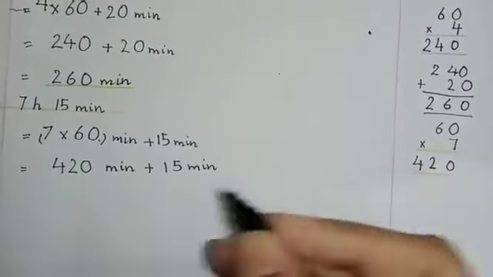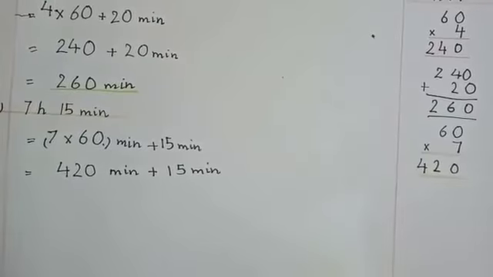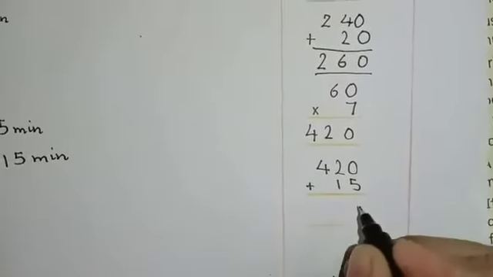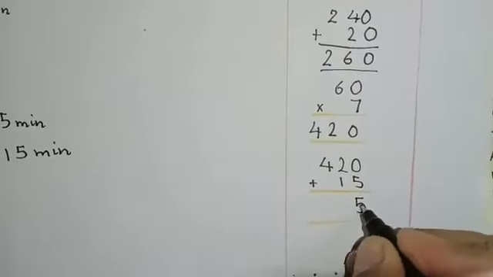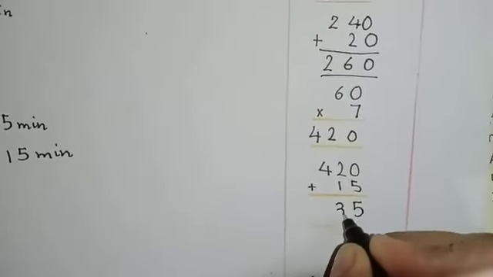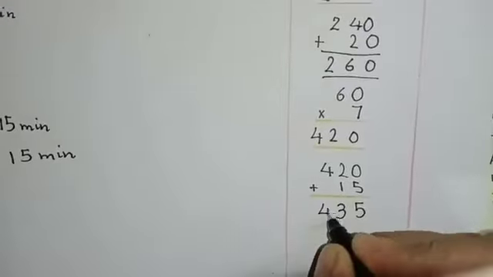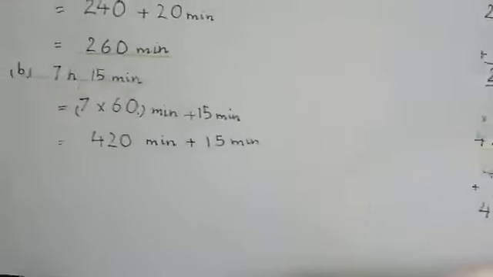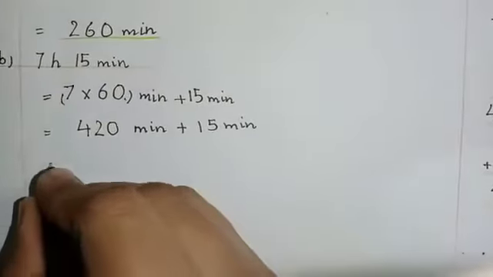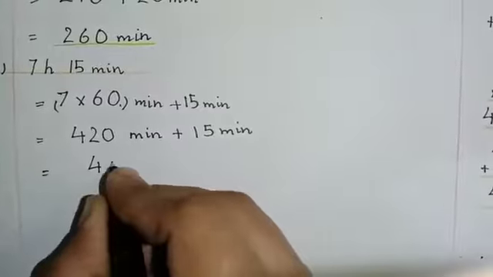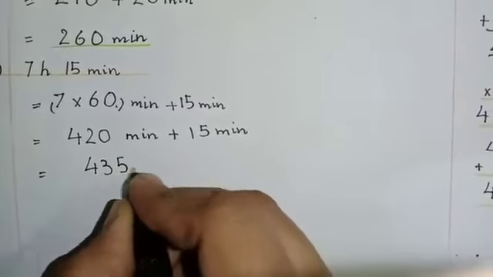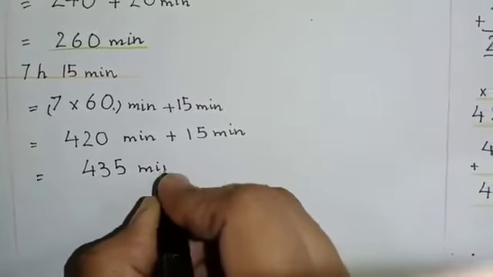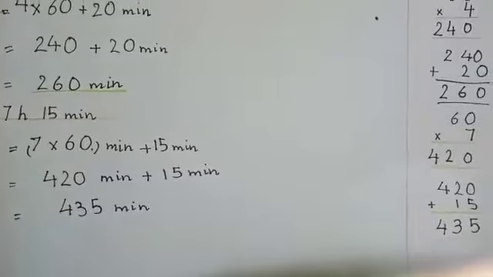Now we will add 420 and 15 minutes. 0 plus 5, it's 5. 2 plus 1, it's 3. And 4 as it is. So the answer is 435 minutes. We write here 435 minutes. Now we will solve C part.